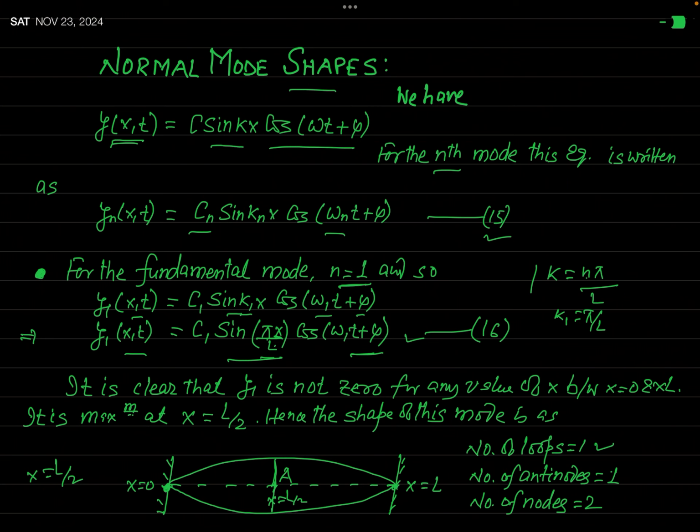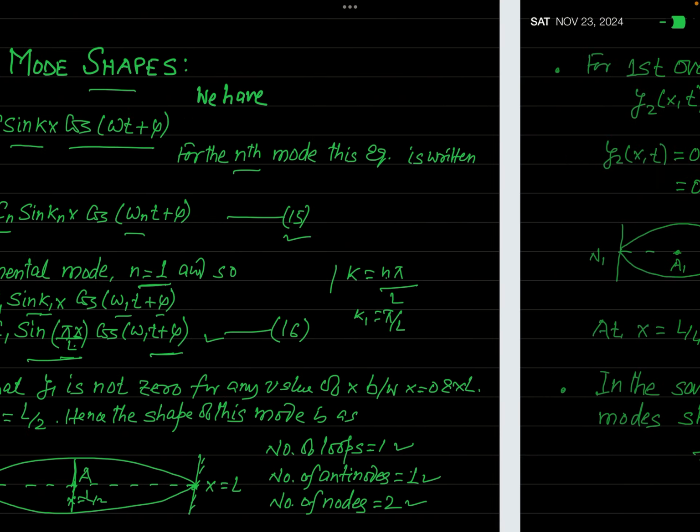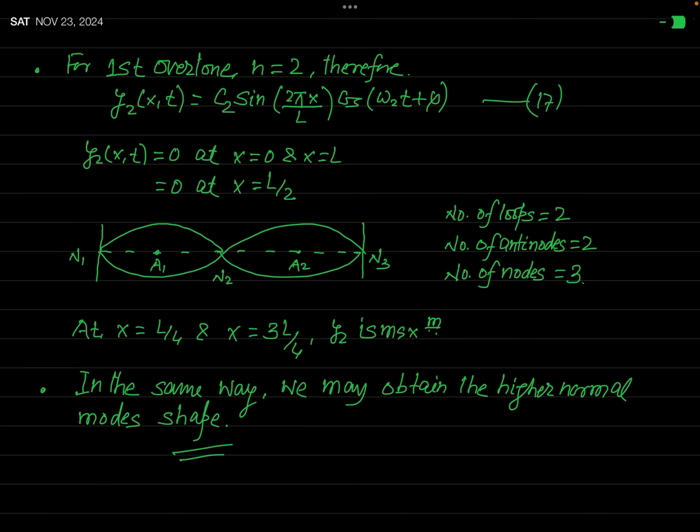In this case, the number of loops is 1, the number of antinodes is 1, and the number of nodes is 2. You will always see that the number of loops and the number of antinodes are equal, and the number of nodes is larger than them by 1.